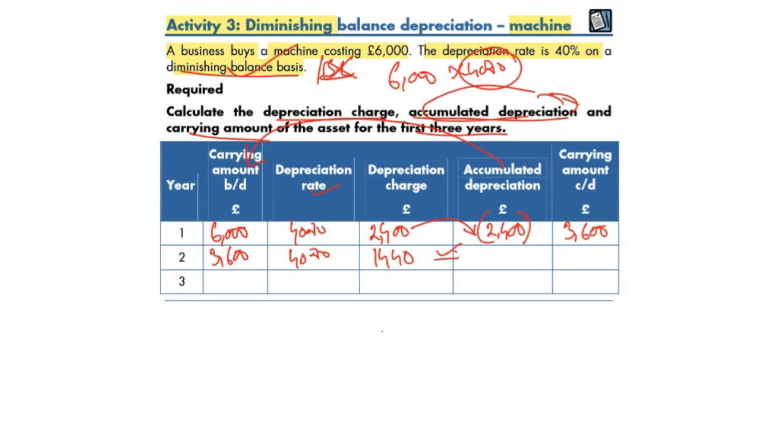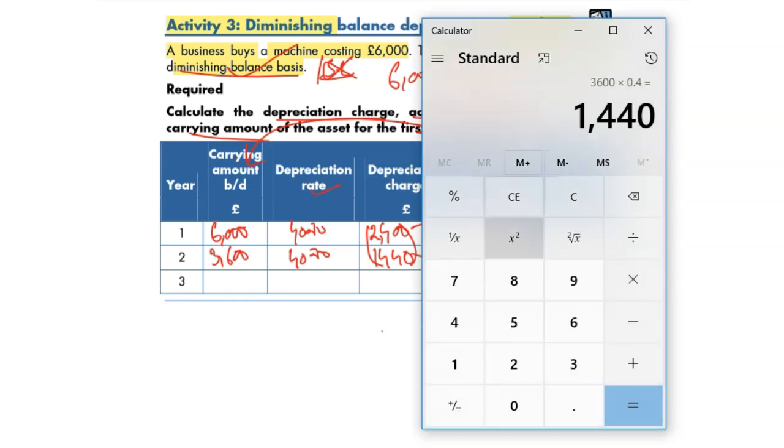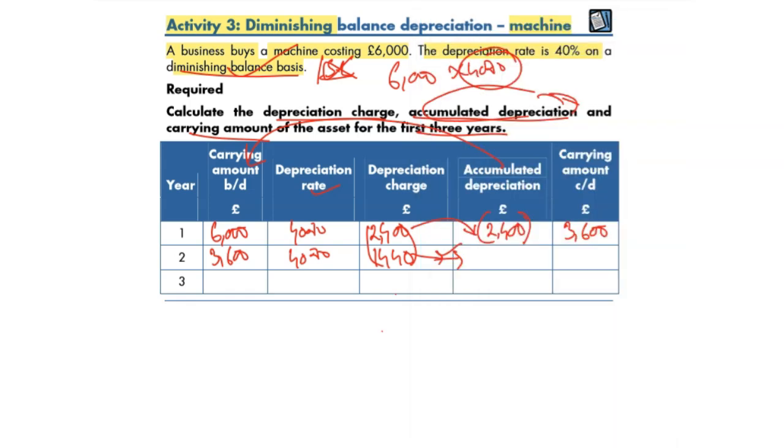But how much is the accumulated depreciation? It is the adding up of these two together, isn't it? 1,440 plus 2,400 from last year, added up together, 3,840. 3,840 is the accumulated depreciation, which should be taken away from your cost, shouldn't it?